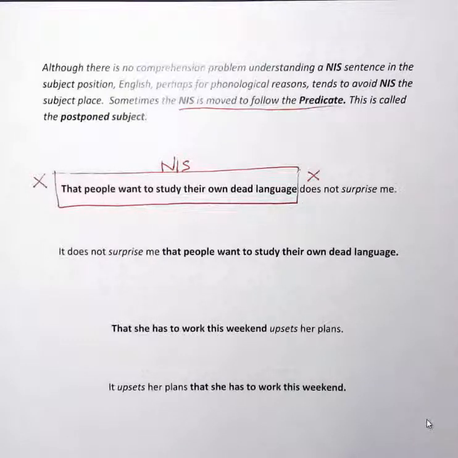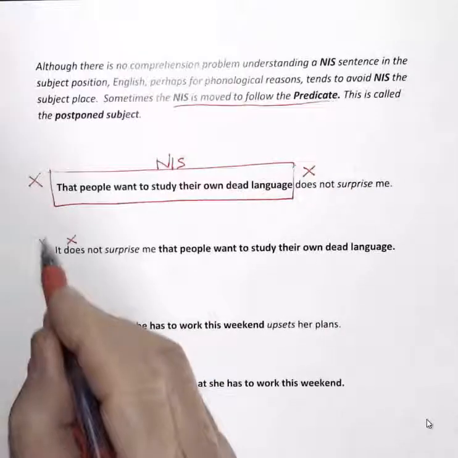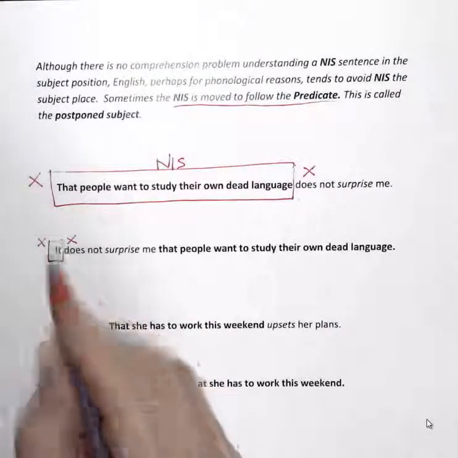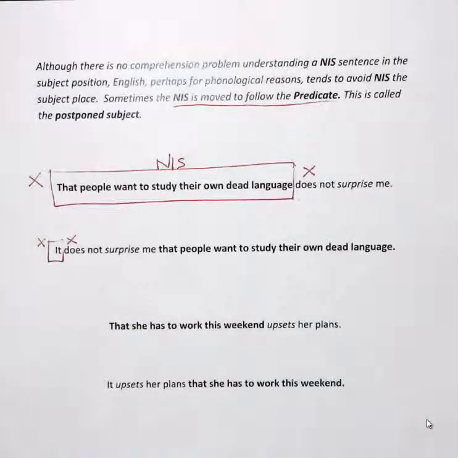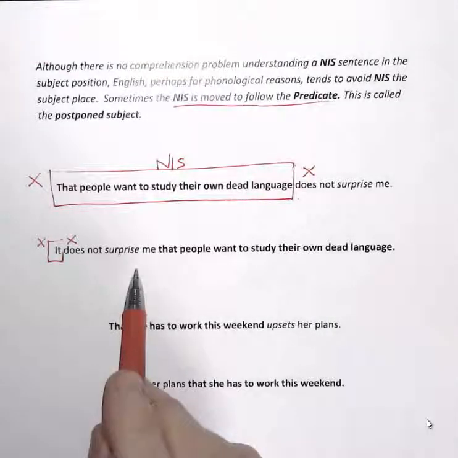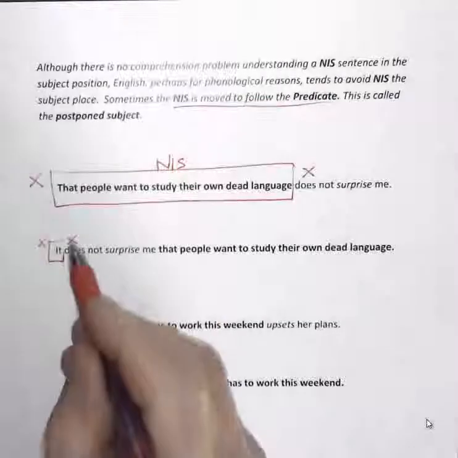And maybe that's the reason that we don't really put nominal included sentences in the subject place if we can avoid it. It sounds, in my opinion, much more natural to say, it does not surprise me that people want to study their own dead language. Now, does it not surprise me that people want to study their own dead language?